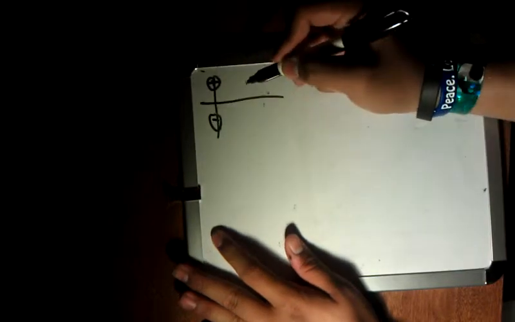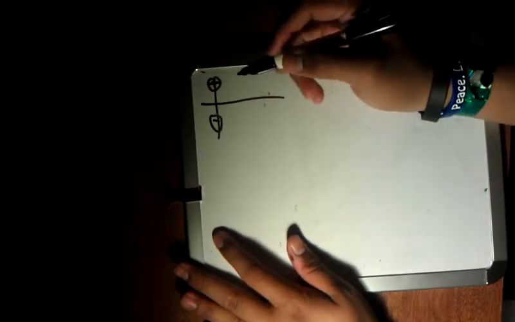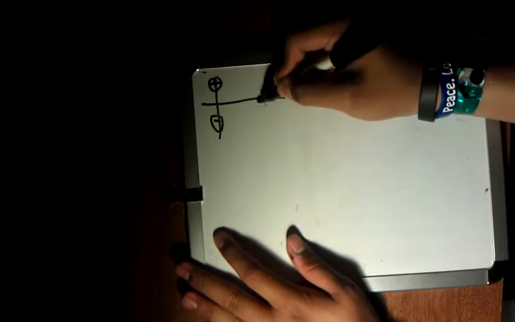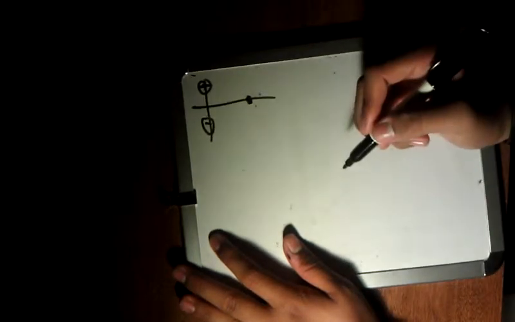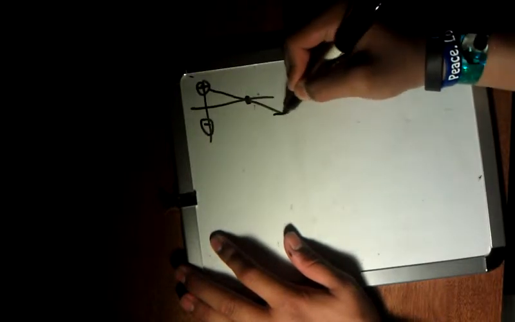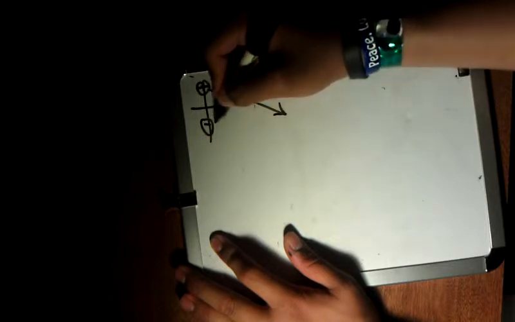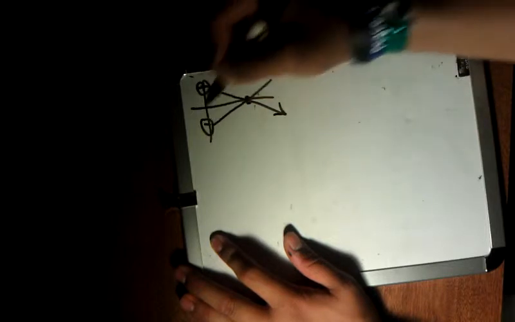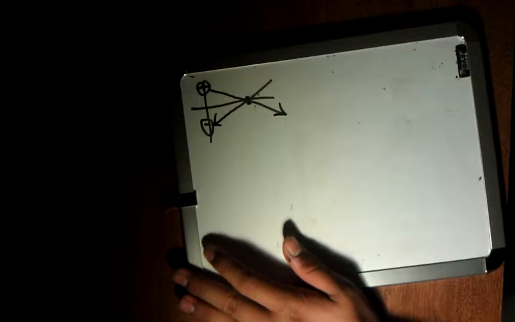So there's a plus charge up here, a minus charge up here, and then we have the dipole field right there. So from this we can see that the positive charge field will go over here, this way, and the negative charge will be right here, going that way.